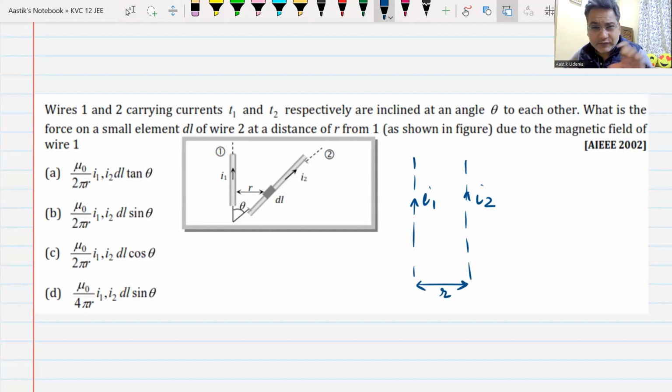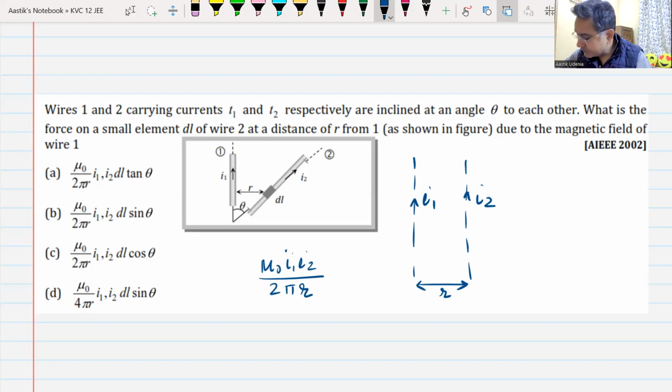Yes or no? And there we had seen the force per unit length. Force per unit length is mu naught I1 I2 by 2 pi r. Yes or no?